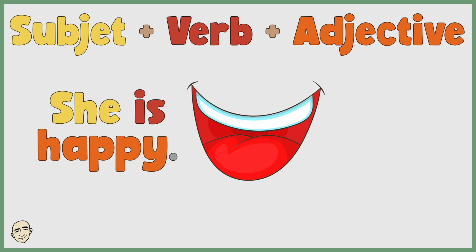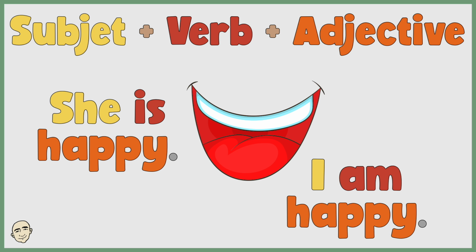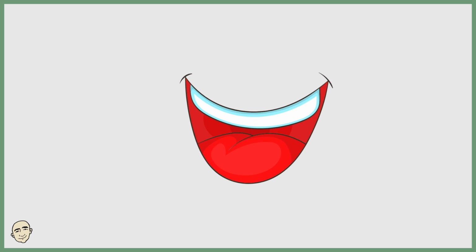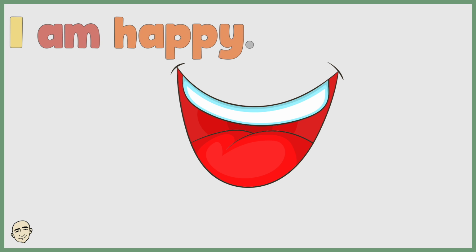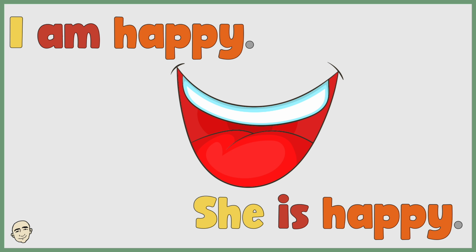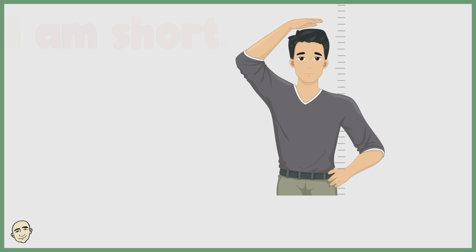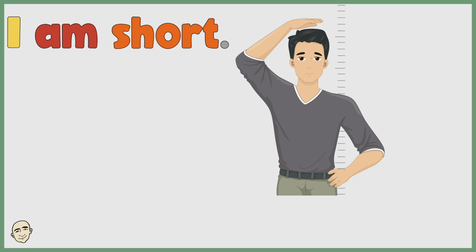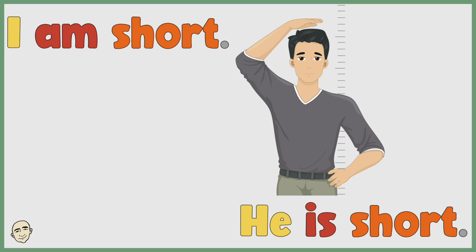Subject, verb, adjective. She is happy. I am happy. I am happy. She is happy. I am short. He is short.